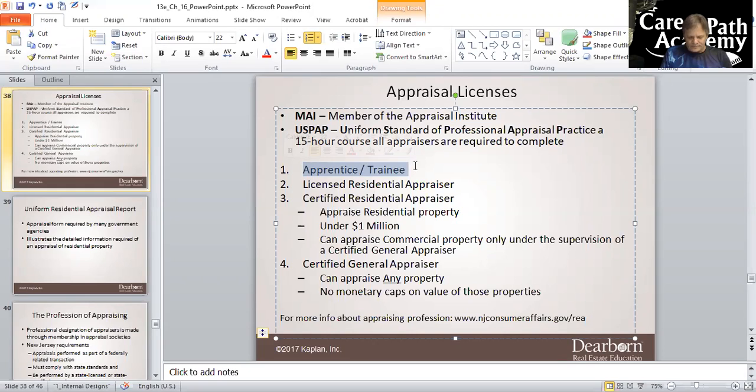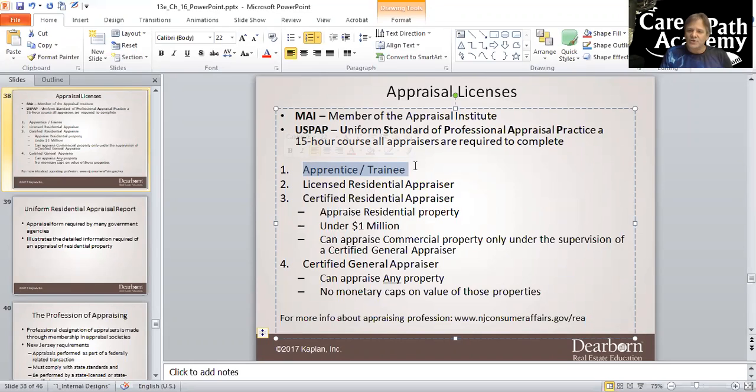And then you just become an apprentice trainee. You can't work on your own. Usually you're the gopher doing a lot of the work, but you're not getting the credit. To become a licensed residential appraiser, New Jersey students must complete another 150 hours of approved courses and have 2,000 hours of experience in not less than 12 months.